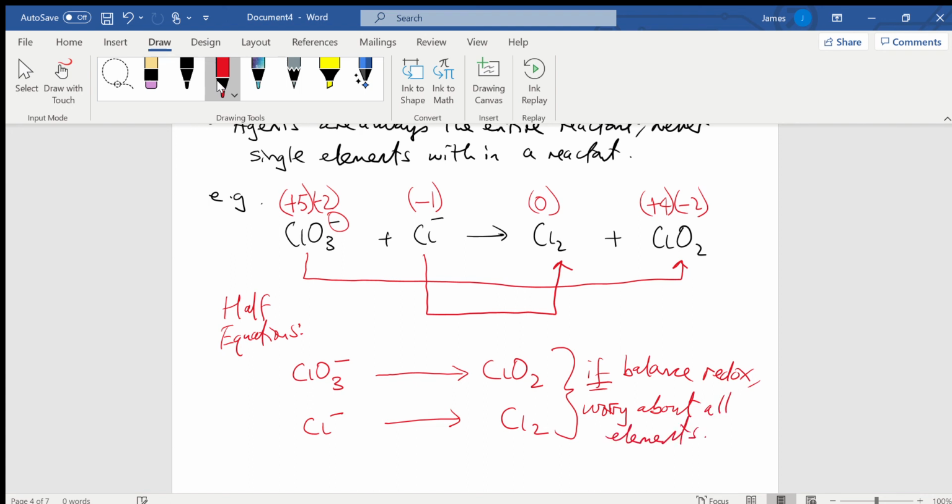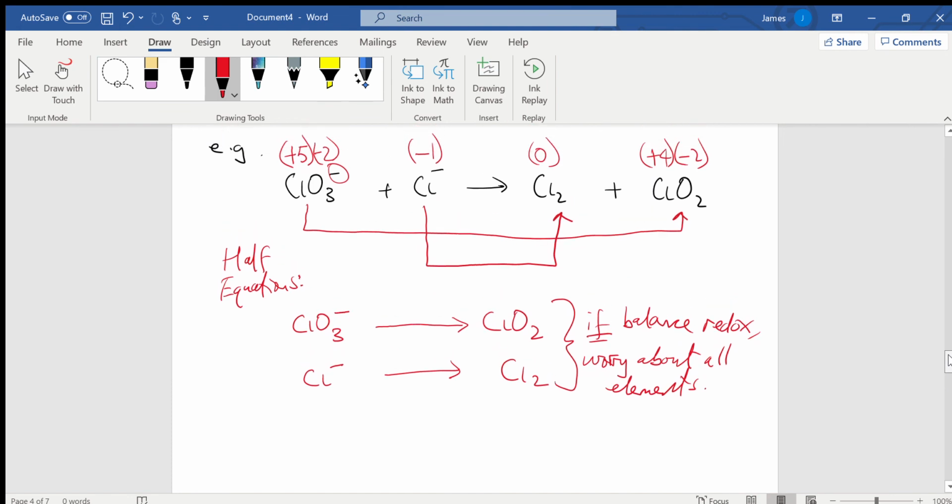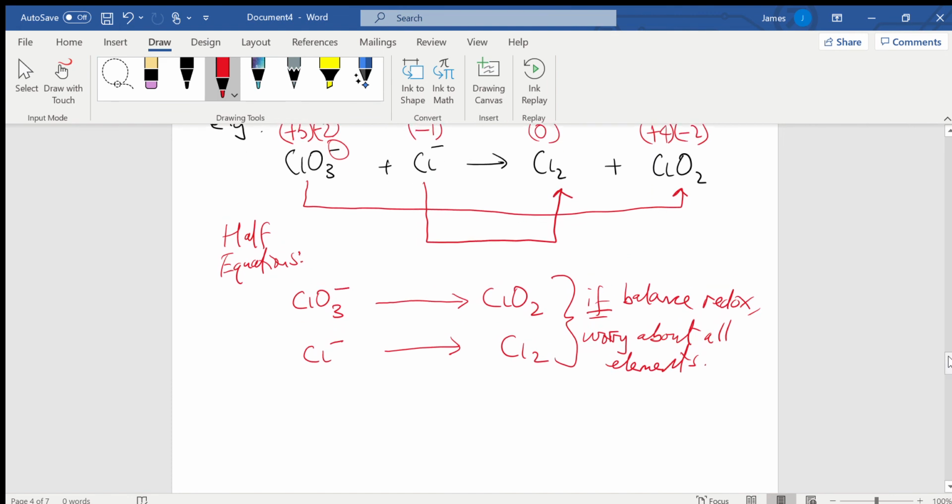But in this video, we are not going to worry about balancing redox. We are just going to worry about things that are changing in oxidation state. So if you are not going to balance redox, we are just going to ignore elements whose oxidation state doesn't change.